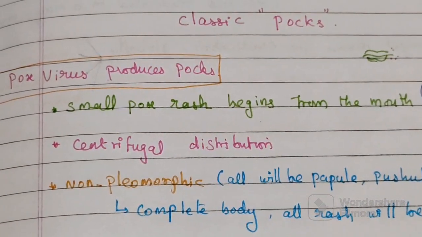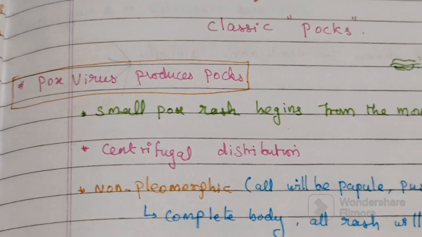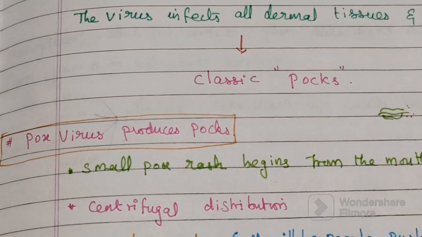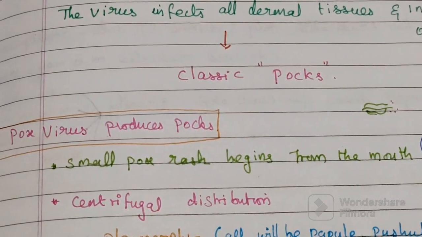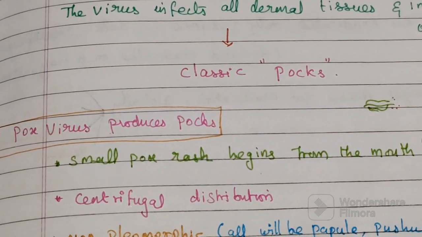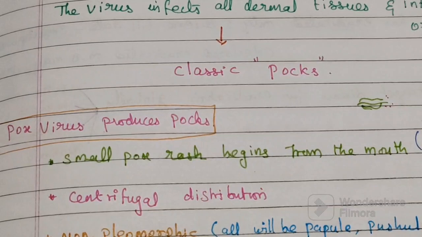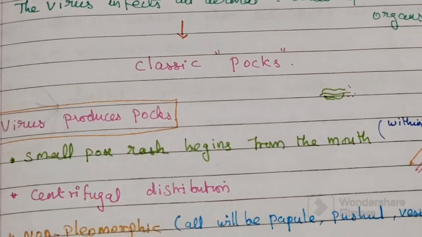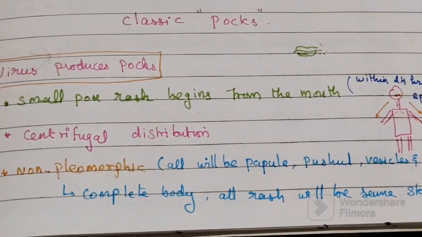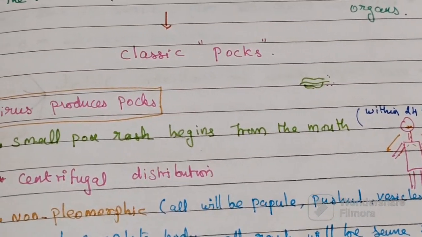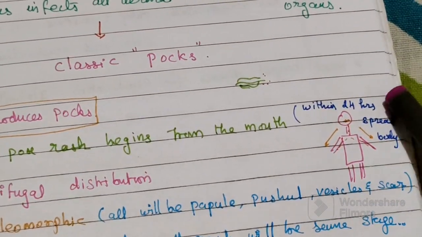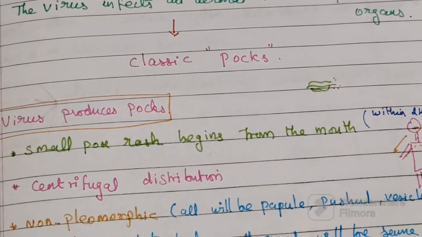The smallpox rashes begin from the mouth. They start from the mouth part, then are distributed throughout the body, going away from the center. This is known as centrifugal in nature, away from the center.